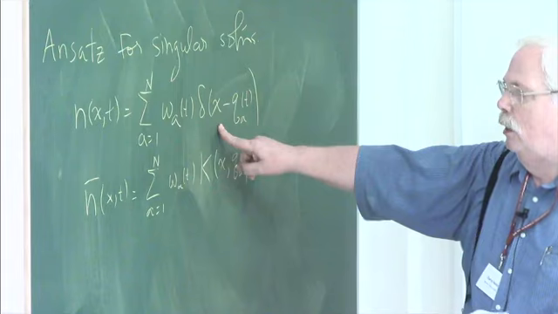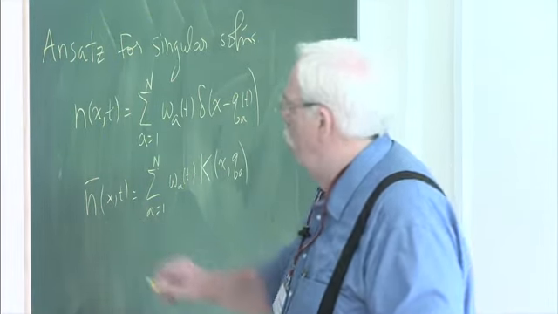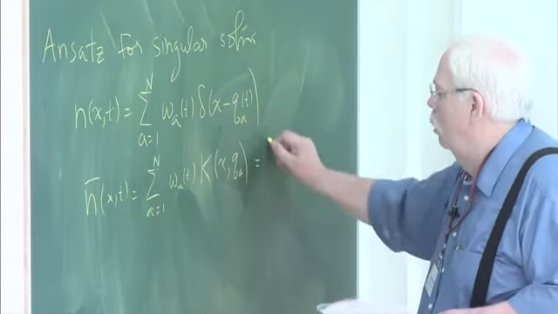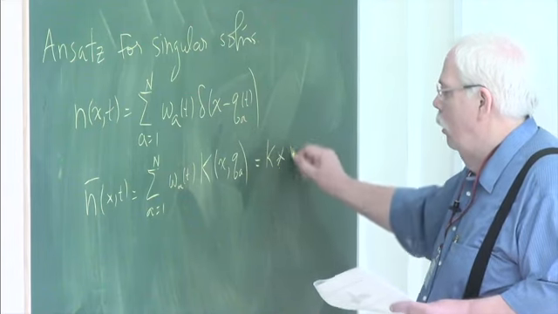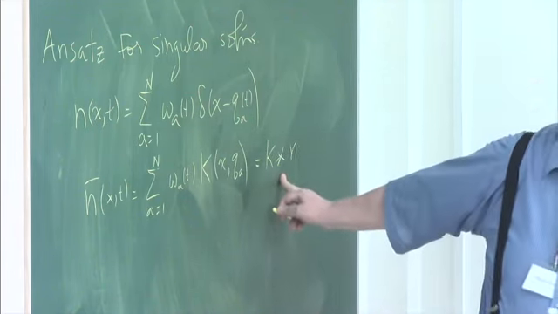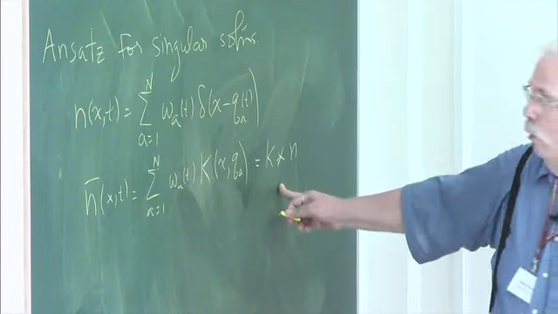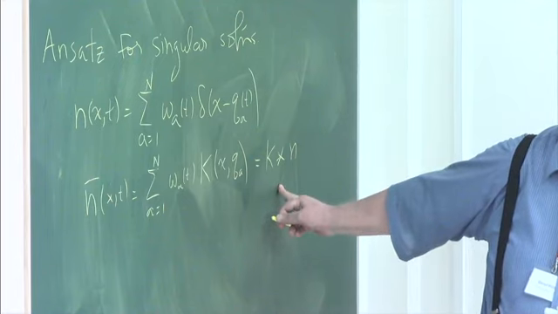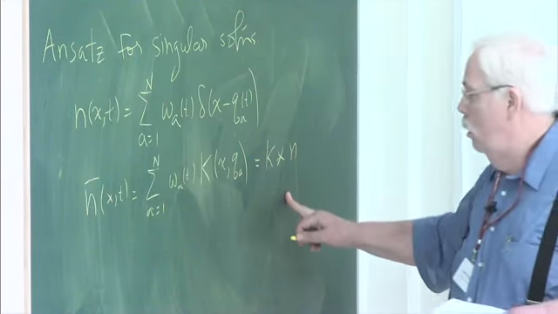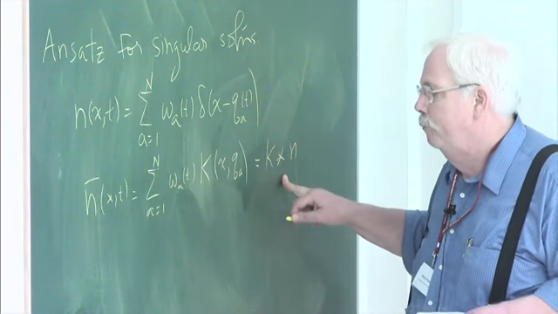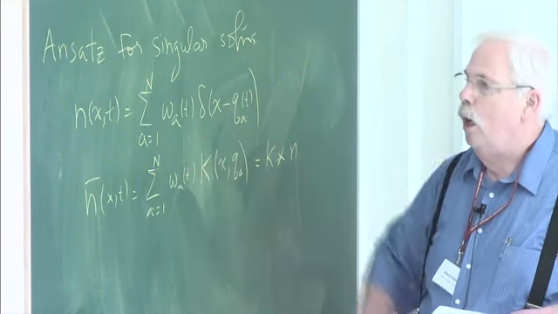Right? We integrate this guy, right? So he's K star n. Everybody know what K star means? Yeah? Okay. I'm going to assume you know. It's convolution with the Green's function, or the kernel, K.